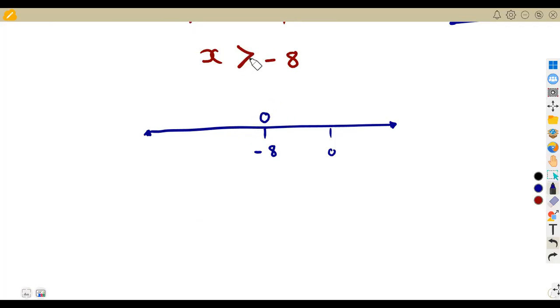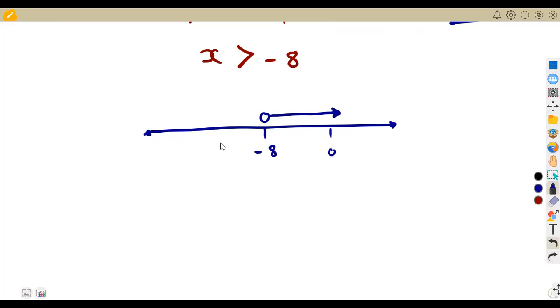So which values are bigger than -8? x is bigger, it's pointing at -8. So we need values that are bigger than -8, such as -7, -6, -5, and so on. These values are found on the right side of the number line, so you indicate the arrow there.